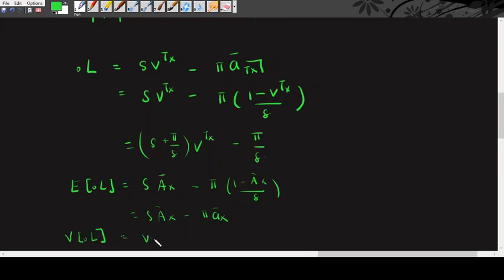And the variance of this loss equals the variance of (S plus pi over delta) v^T_x minus pi over delta.